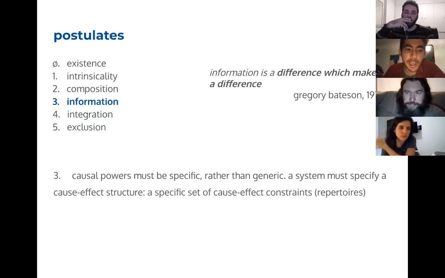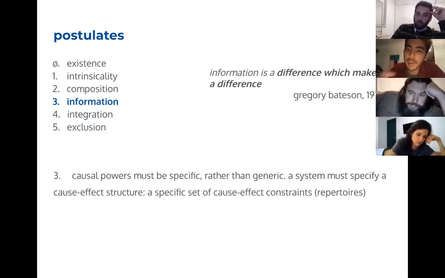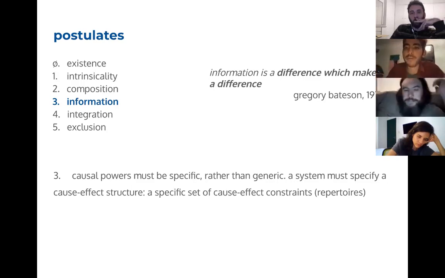In the case where you have a certain state, like the firing of a neuron, that makes a certain difference, it produces effects. It could be anything else, but it is the case that an action potential is able to influence the state of other neurons. So there's a certain difference which produces certain effects.